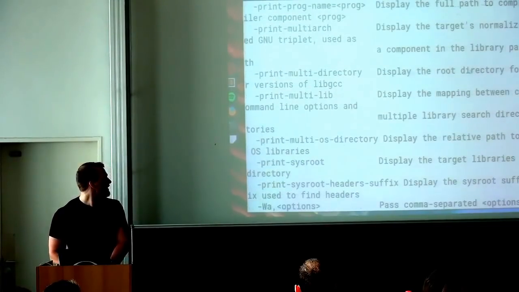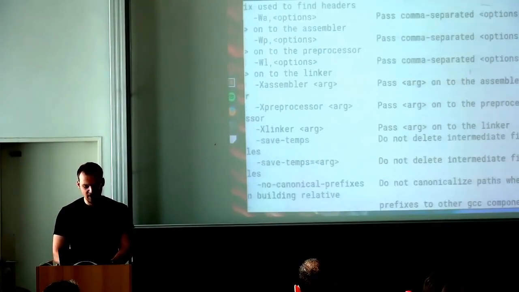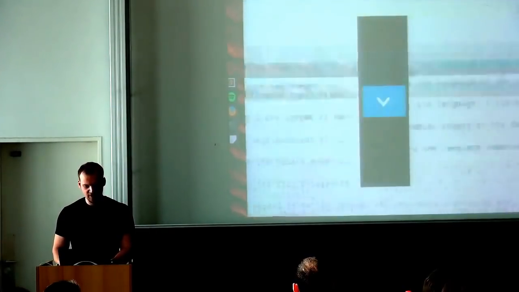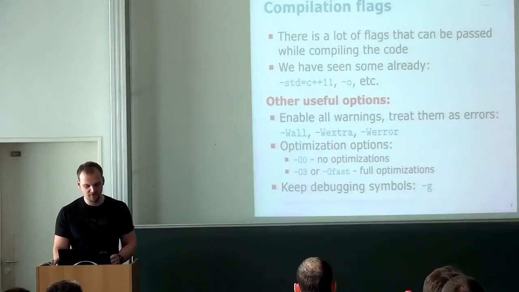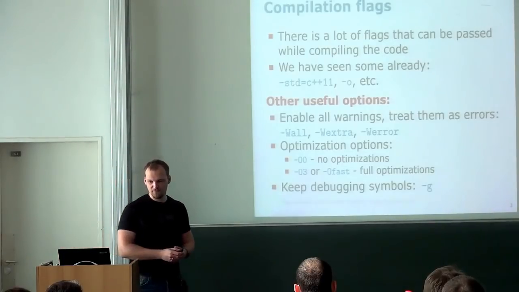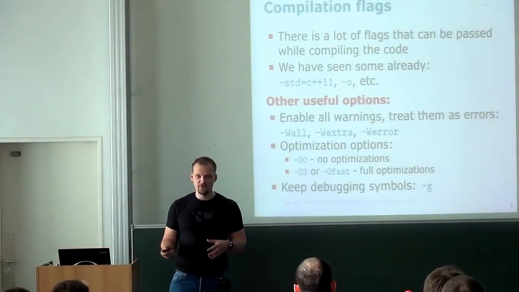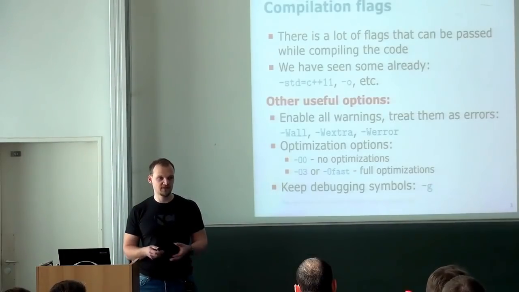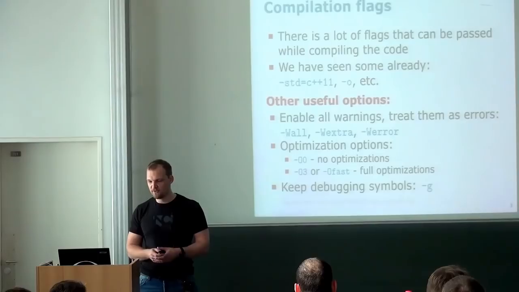And these are not even all of them. So it has a lot of options that you can run. Most of them you will not need most of the time. Some of them you will need all the time. At least you should probably use them all the time.